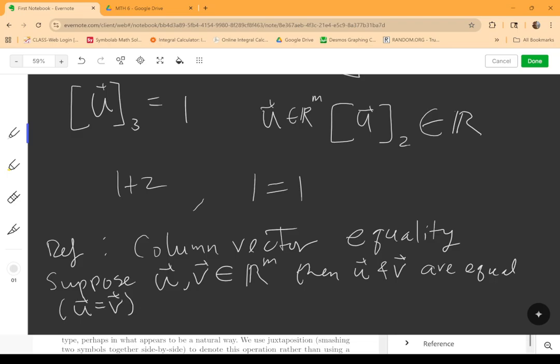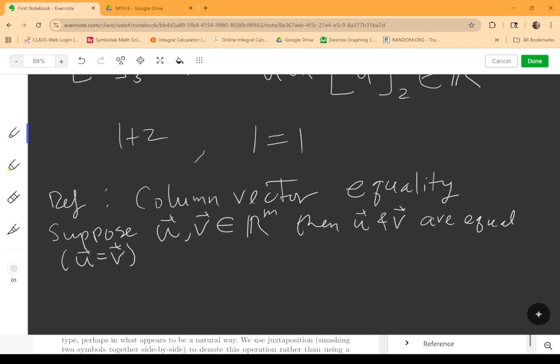Now one thing to keep in mind, we're reusing this same equal sign, but notice that the equal sign up here where we have 1 equals 1 is not the same as the equal sign here. Here we're going to define what it means for the equality to be true.